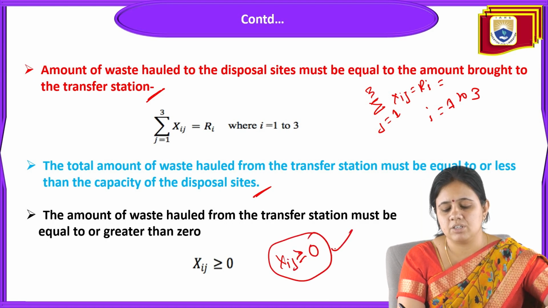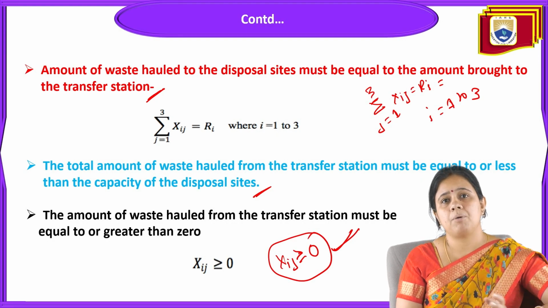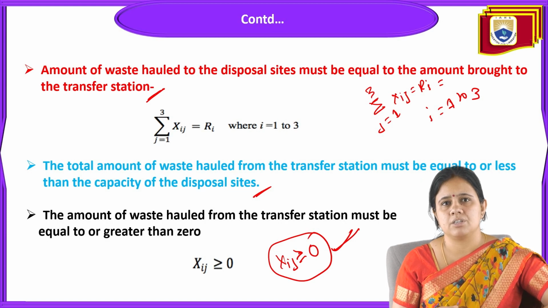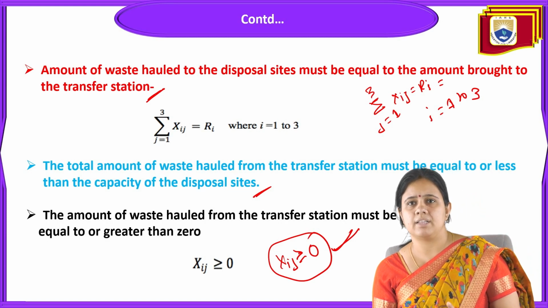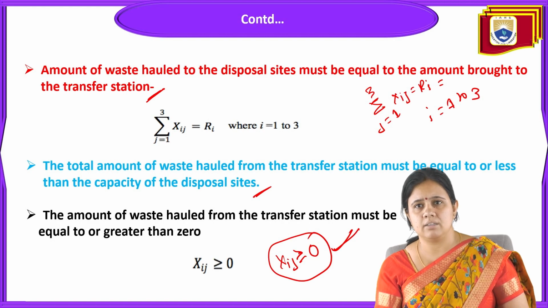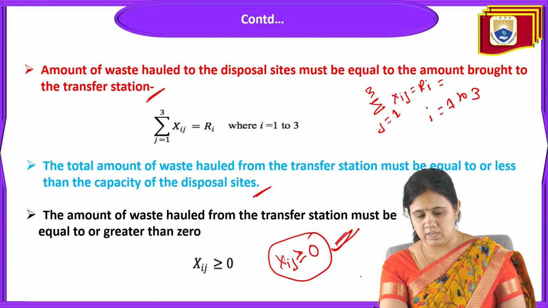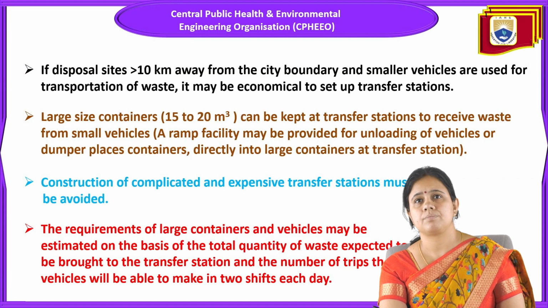This is the main function we have derived from this problem analysis. The amount of hauling and loading of waste should be zero or more, so finally we obtain Xij greater than or equal to 0.